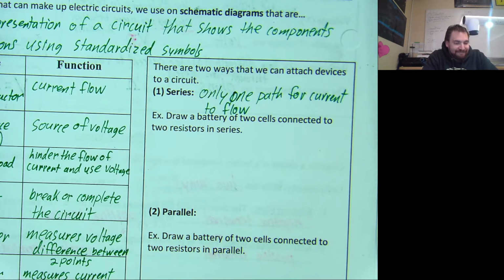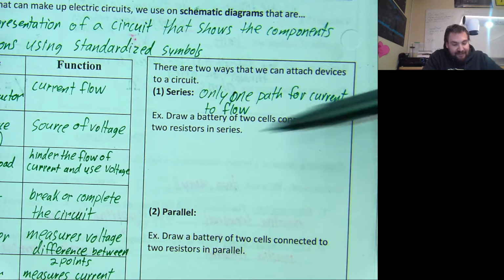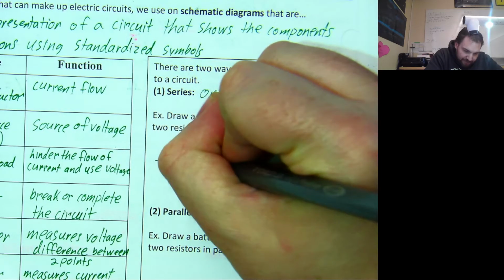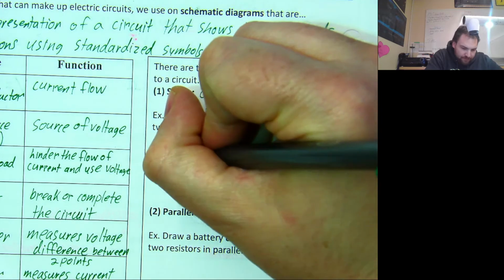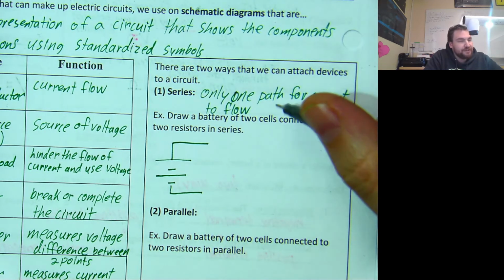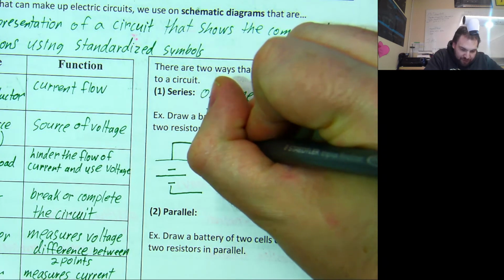We made it fun. So for an example, if I want to draw a battery of 2 cells connected to 2 resistors in series, I would draw it like this. Here's my 1st cell, there's my 2nd cell, connected in series with 2 resistors means I can only have one path for this whole beast to flow. So I'm just going to do this.